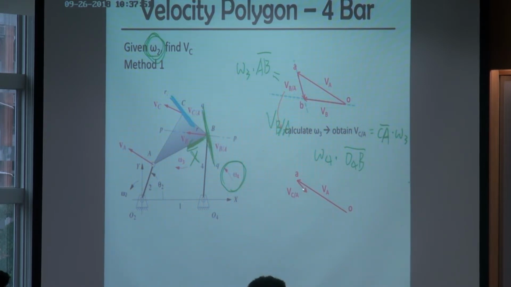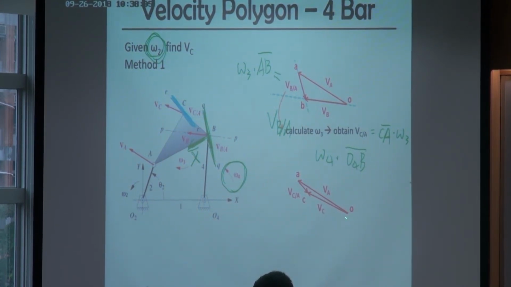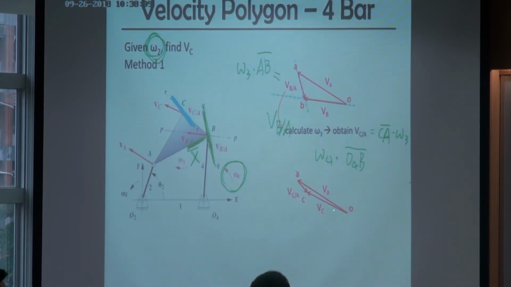So basically, this point is gonna be C in the velocity diagram. So you simply connect this point to this point, and this is gonna be VC. You can just directly measure it to get the magnitude of VC, and also the direction of VC.